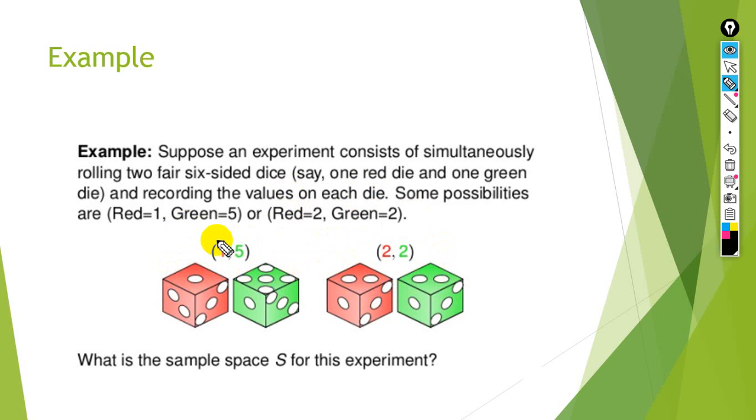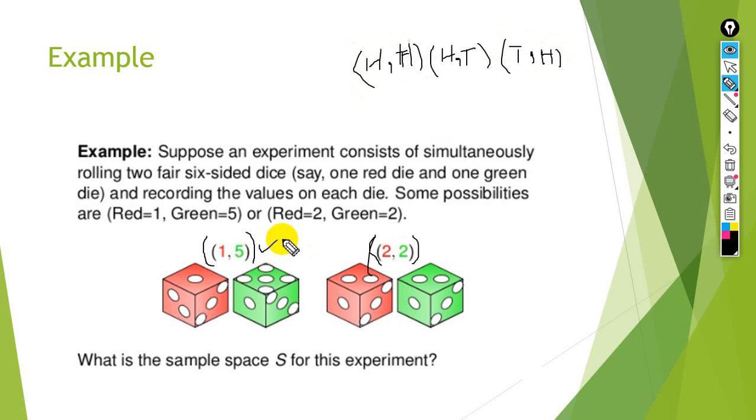We represent this as a set, so we can represent it just like this: the set (1,5), (2,2). Just like in head and tail, we can represent it like this: head comma tail, or tail, head. So we can represent just like this.